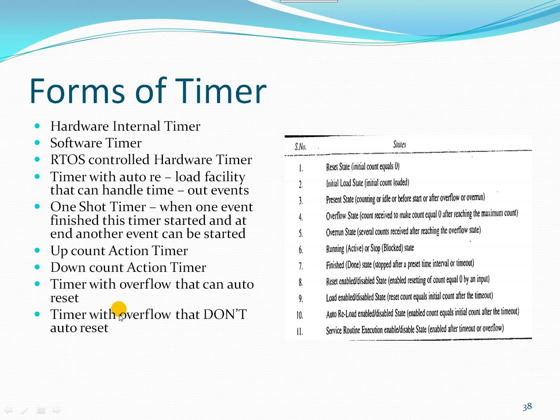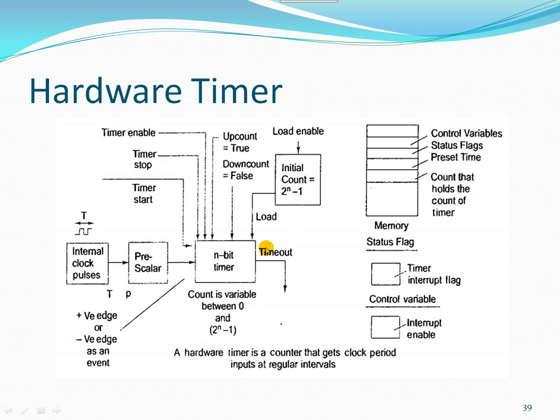These two kinds of activities can be used for the auto reloading purpose also, and if any timer doesn't have that auto reload, they can also be used by setting that timer to not have the auto reset mode. And the main states of the timer's operation have been listed here, as we have discussed in these slides.